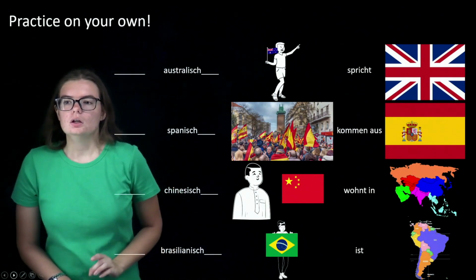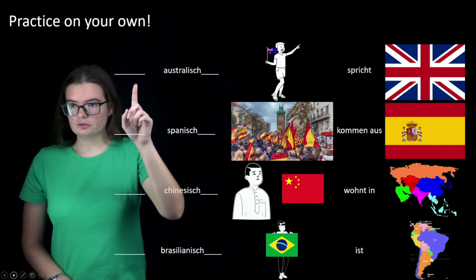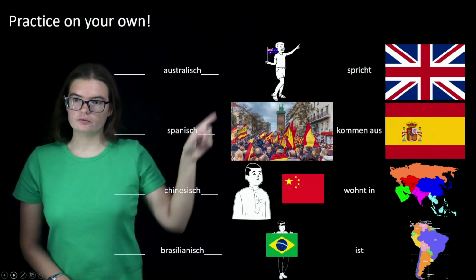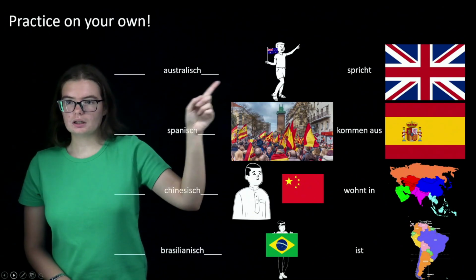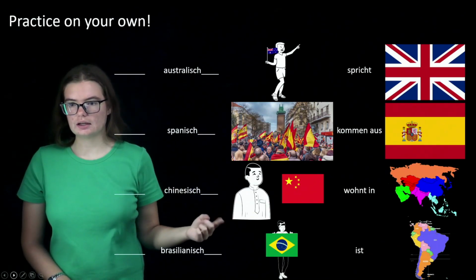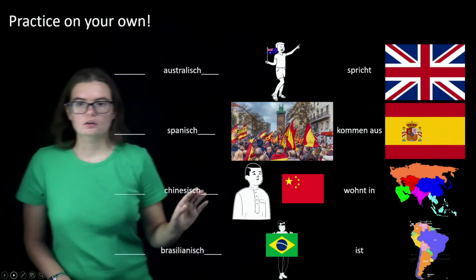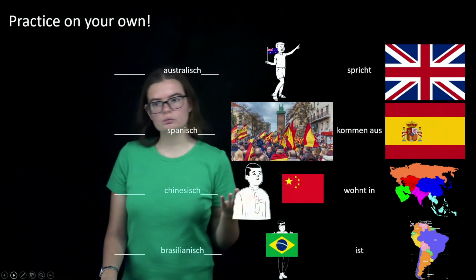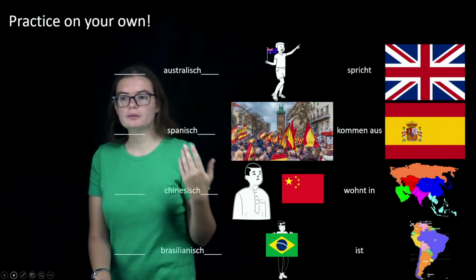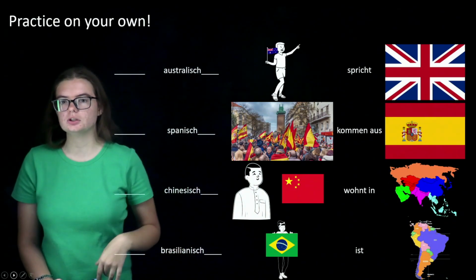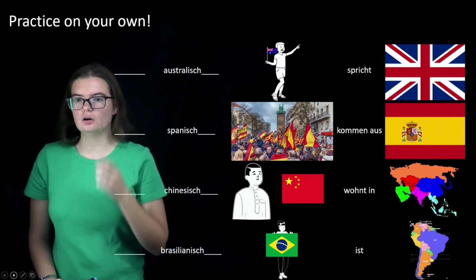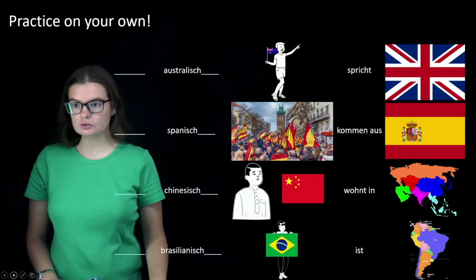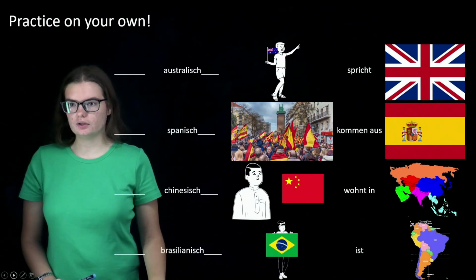Okay, so you need to fill in the definite article that matches the gender of these objects, as well as the adjective endings that go along with them. The nouns or words that are over here don't really matter for this. I put them there so that you have a full sentence when you're done, but you don't need to know what they mean or what they are. So take a second and pause the video.